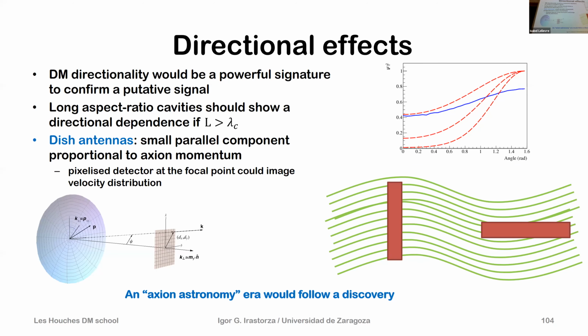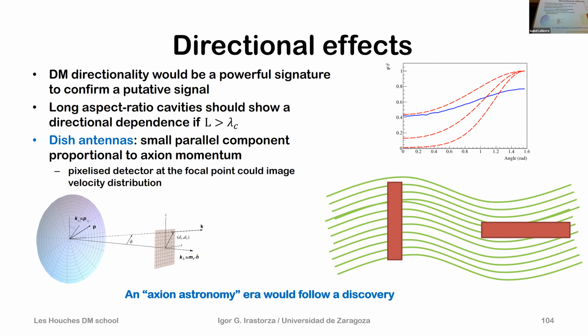Well, I will go a little bit aside from this presentation of experiments by mentioning directional effects. Because you probably have heard in other talks about the possibility, which has been studied a lot in the WIMP community, to measure the direction of the dark matter, not just a signal, but where the incoming direction is.